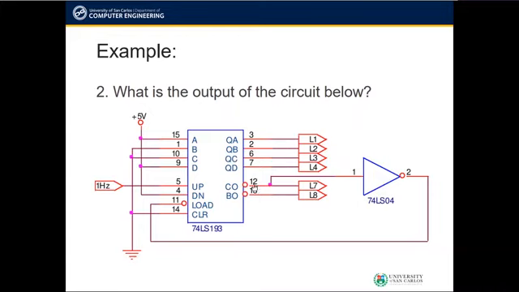So therefore, when the circuit starts counting, the CO output here is 1 and then goes through an inverter or NOT gate and then becomes 0, and the output of the NOT gate is inputted to the load input.